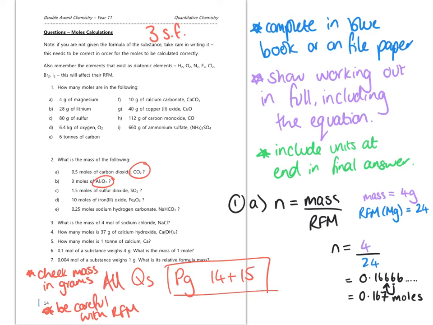So don't worry about the names of the substances. You've got the formula there given to you in each case, apart from a few examples in question 1 where it's just simply the atom. So it's just go to the periodic table, find the relative atomic mass of those substances. Okay, but where it's a compound or a molecule, you're given the formula.